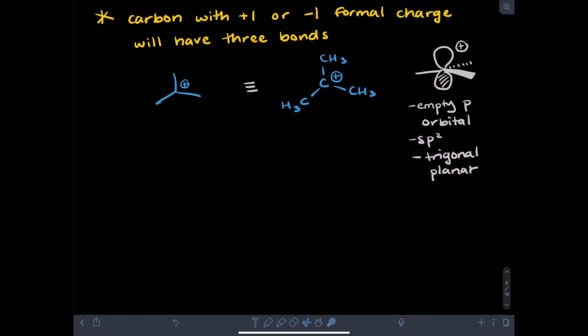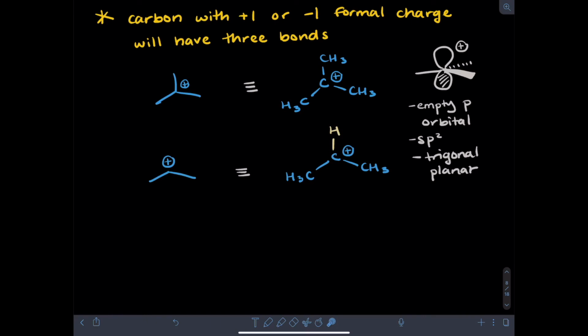Here I've drawn a molecule where I have a +1 formal charge on a central carbon. This carbon has 3 CH3 groups attached to it. Because the central carbon already has 3 bonds and a positive charge, it does not have any hydrogens attached.